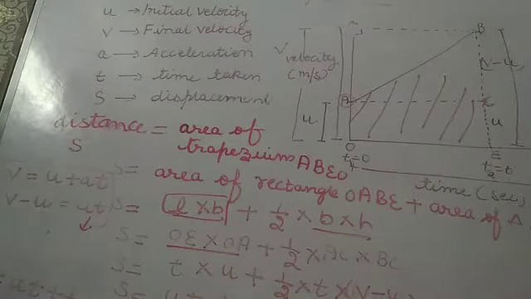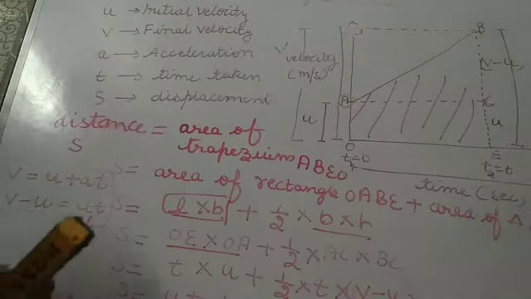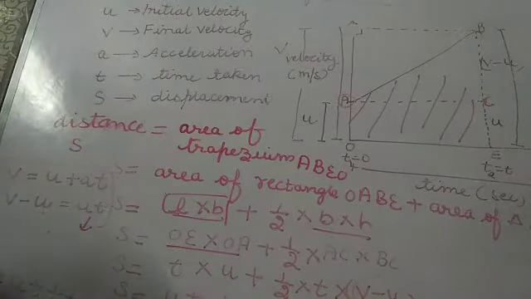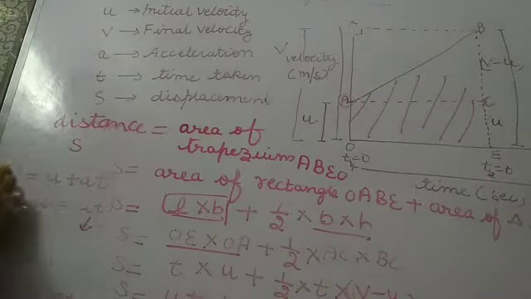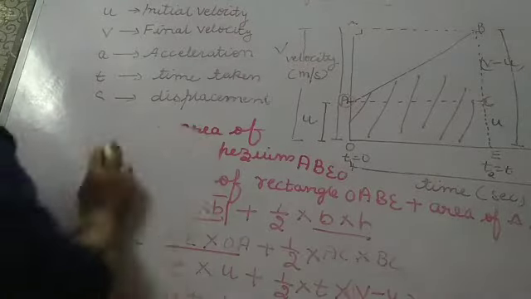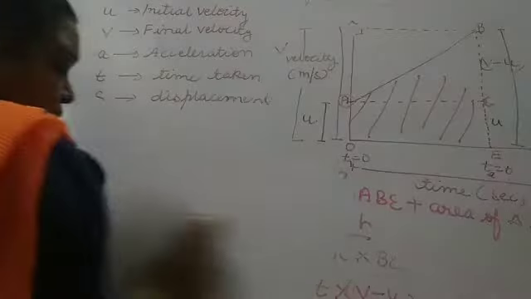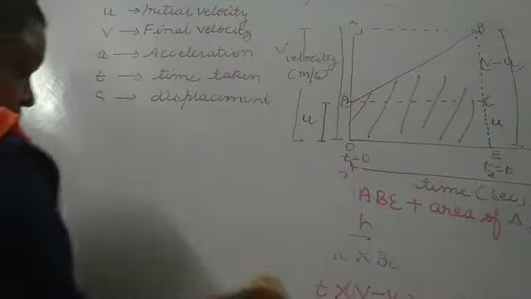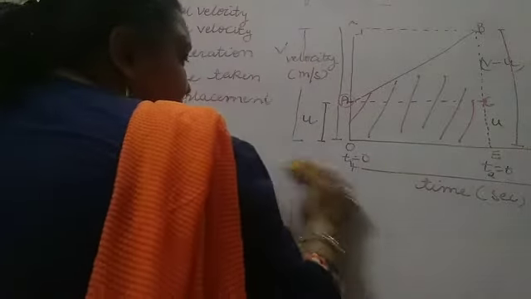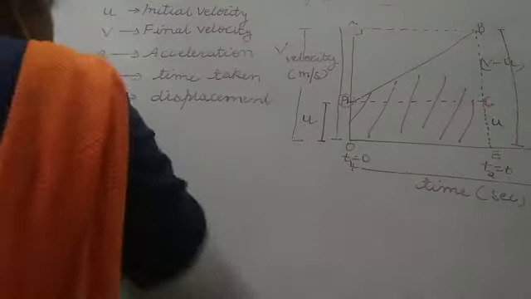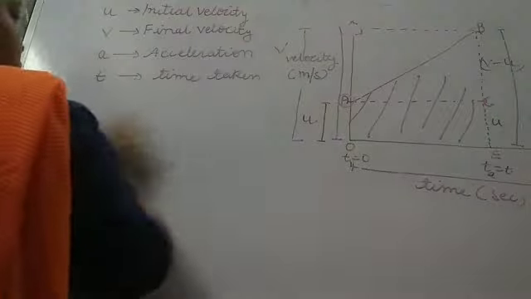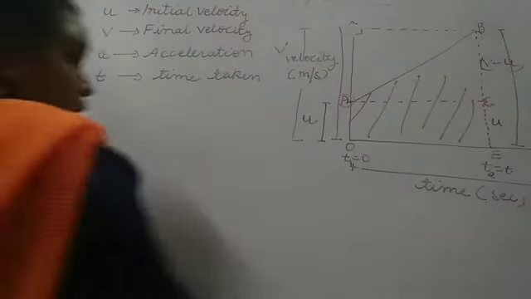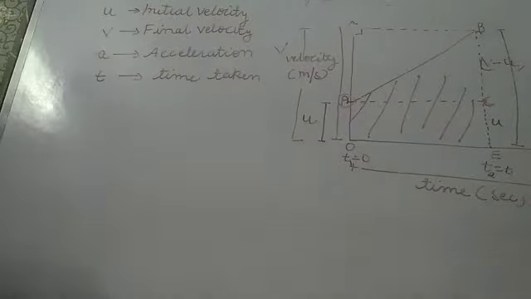Let us come to the next equation, that is very easy, and the same thing we have to take, only there will be a difference in the last part of this derivation, otherwise everything is the same. Now see, the same graph we will take.